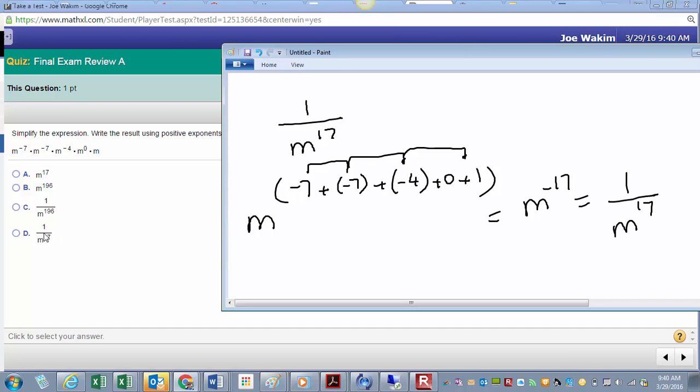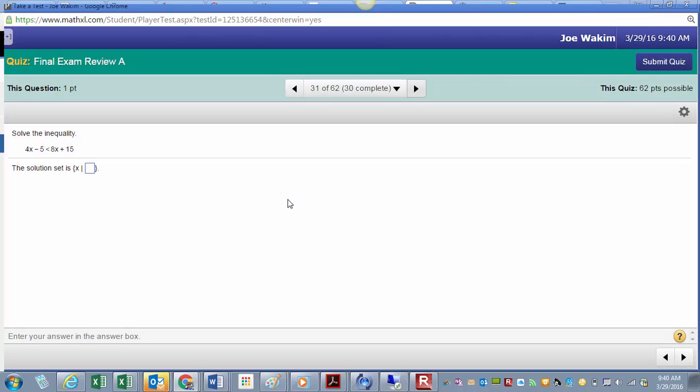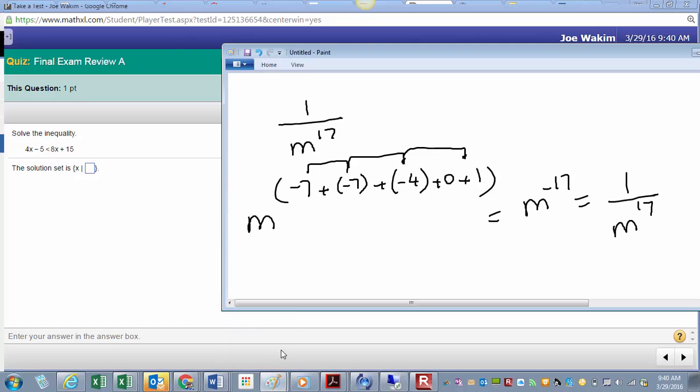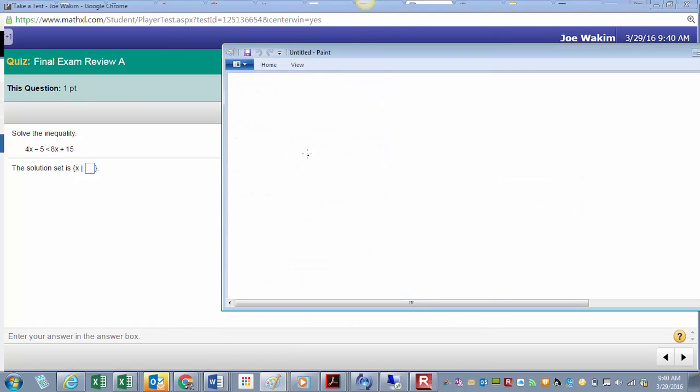Let's go to number 31. Solve the inequality. So to solve this inequality, all we have to do is subtract 8x. So here we have 4x minus 5 less than 8x plus 15. Subtract 8x. This way you move the x to the left. And then add 5 to both sides.